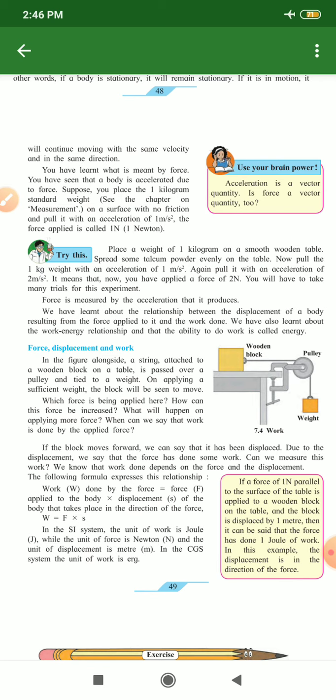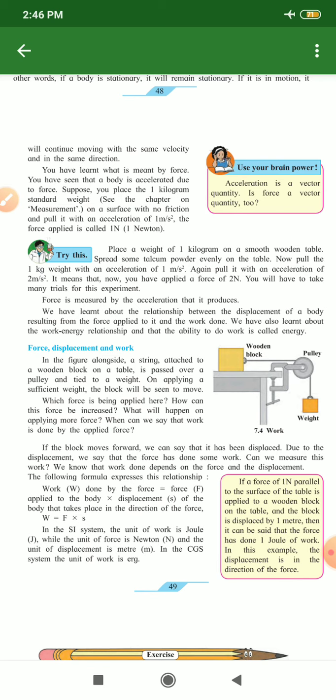In the SI system, the unit of work is joule, while the unit of force is Newton and the unit of displacement is meter. In the CGS system, the unit of work is erg. So please mark this last paragraph and learn these units. Now look at the yellow box there.